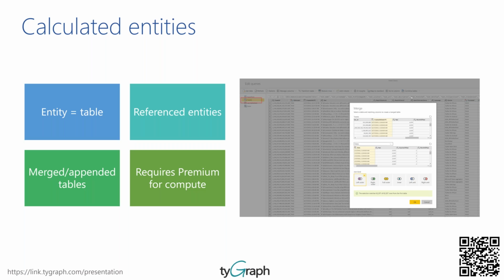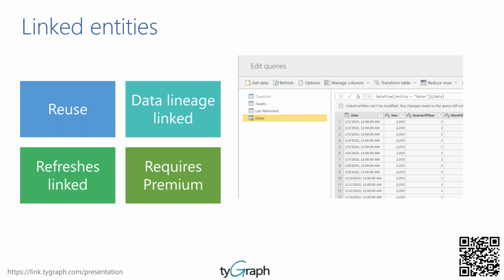Also, we can merge or append tables. Merging is like doing a join between them, and appending is putting two tables of the same schema together. All of these require compute, and anything that requires compute in a dataflow is going to require Premium or dedicated capacity, and that's a different license type, which we'll talk about in just a moment.